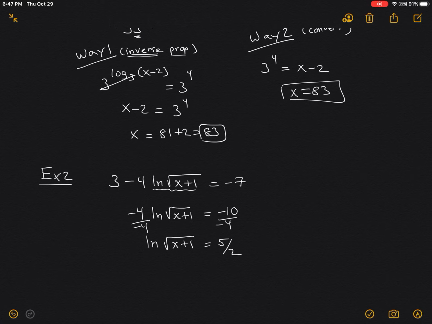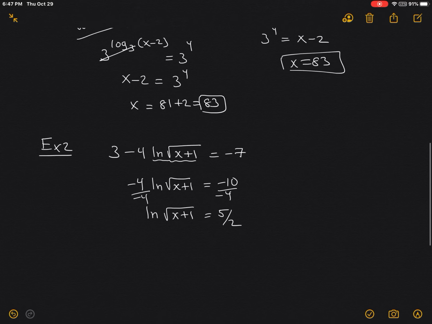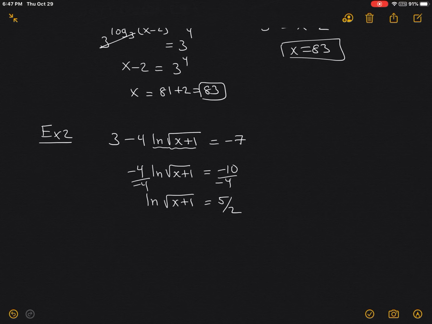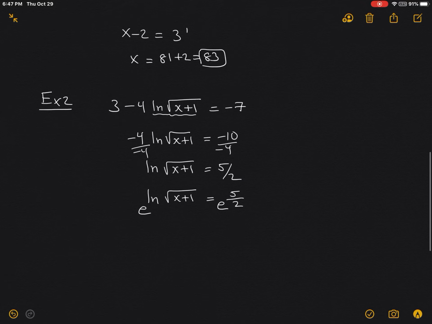Okay, so from this line right here, you can recognize that you've had the logarithm isolated. You want to use the inverse property. So exponentiate both sides by base e. So ln the square root of x plus 1 is equal to 5 over 2, exponentiate by base e.